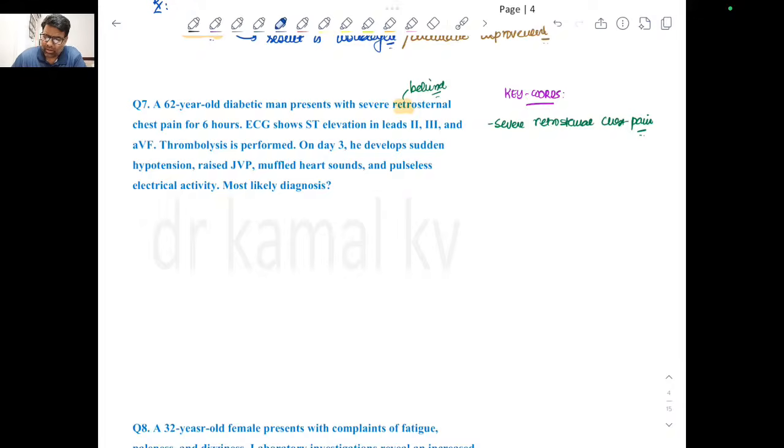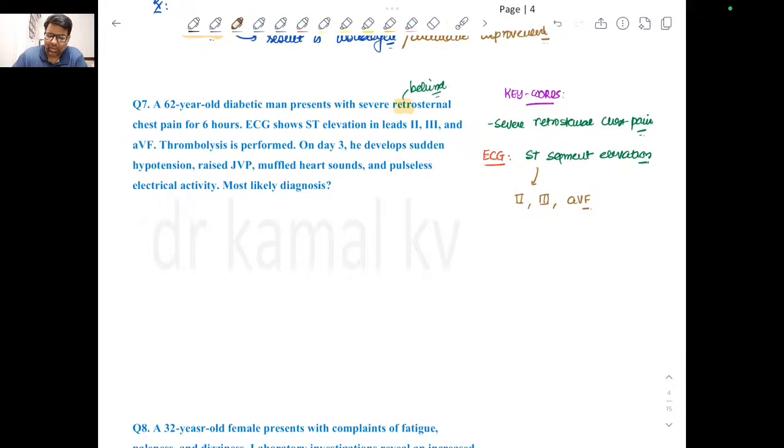Then the ECG is showing ST segment elevation, and especially in leads 2, 3, aVF.